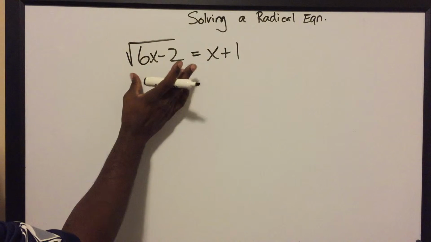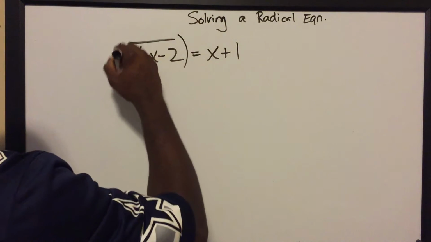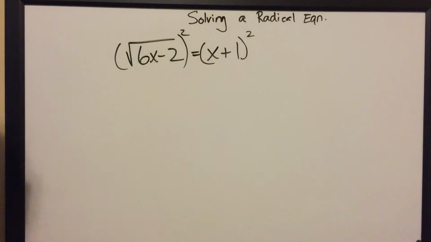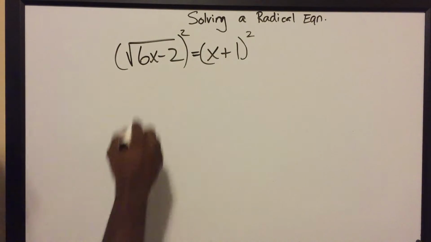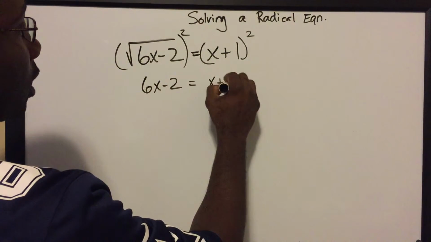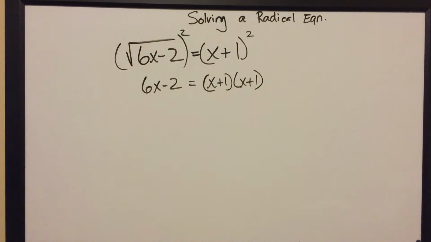So all we have to do now is square both sides in order to get rid of that square root sign. Once I do that, I just have 6x minus 2 is equal to x plus 1 multiplied by x plus 1.